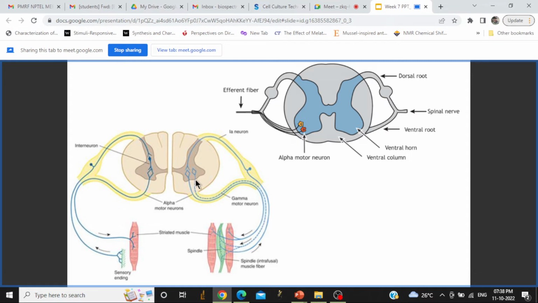From the right ventral horn, one gamma motor neuron will come out, and one alpha motor neuron, and from the left side only one alpha motor neuron will come out, and it will go to the spindle fibers or other muscle fibers. So they are the motor neurons. Motor neurons give the information from the brain to the effector organ while the function needs to be done.